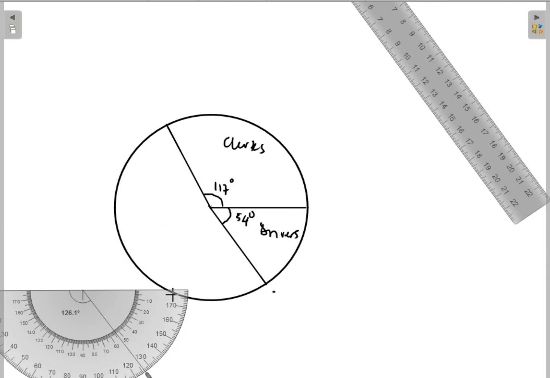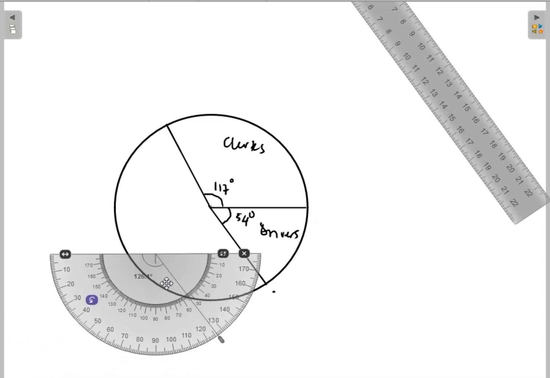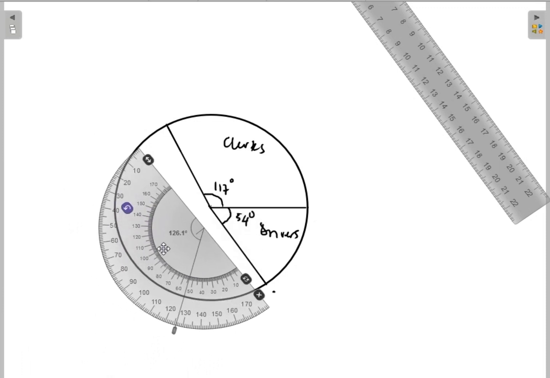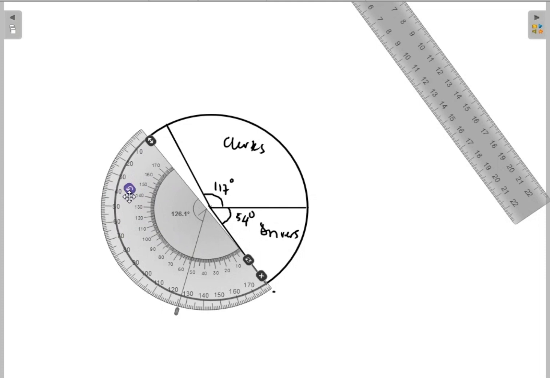So the next thing we do is for typist. The sectoral angle of typist is 66 degrees.